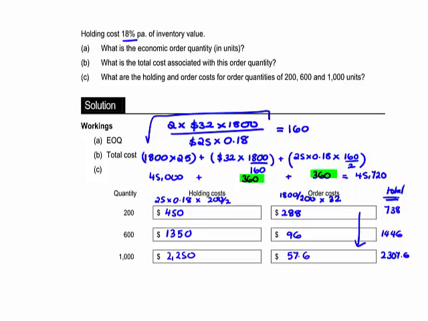And you could look at every possible combination of units to order, but the formula for the EOQ, and you don't need to worry how that's derived, will always give you the minimum one. It's going to give you the one where the two are in equilibrium, so the holding costs are balanced with the ordering costs. And that's why in our example the holding costs and the ordering costs were the same at 360.